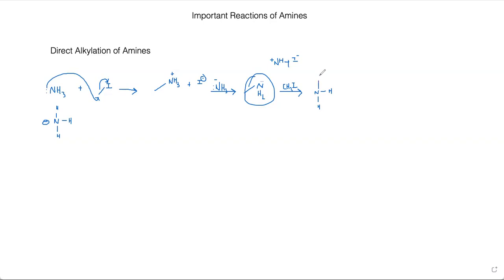We will see this continue all the way until we're past a tertiary amine. I'll keep going and show you what I'm talking about. Now we'll have a CH3 here, and CH3 here. And we have a positive charge on our N, and it's coordinated to that iodide. All right, and we still have ammonia going on here.